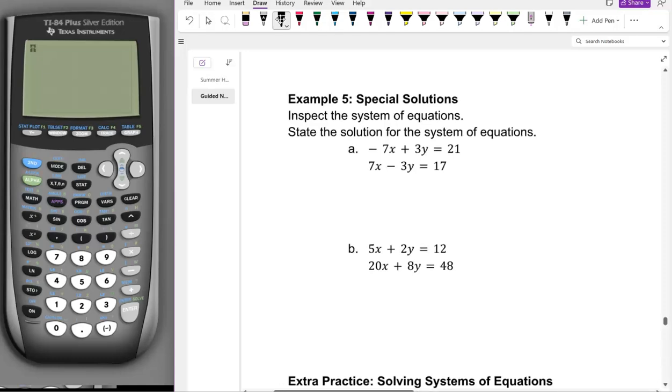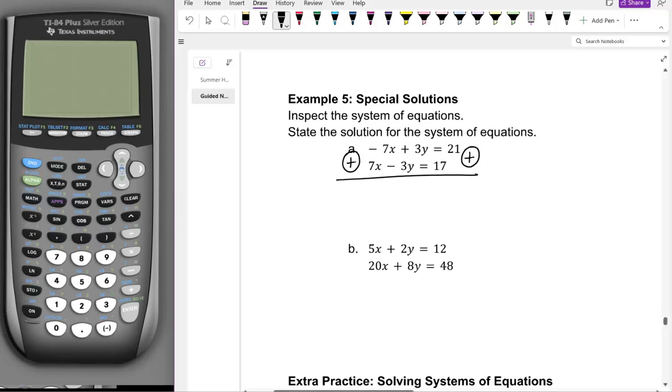I notice that these two equations have opposite coefficients for x and opposite coefficients for y, but they have a different constant. I already know what's going to happen here, but let me show you exactly what this comes out to if you don't recognize it right off the bat.